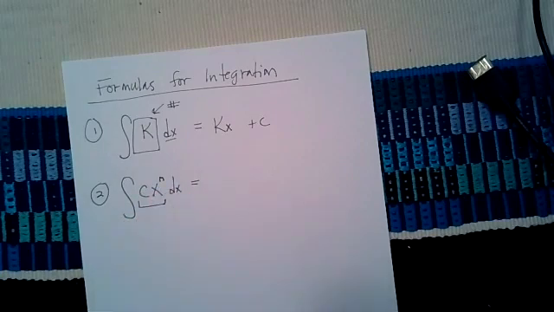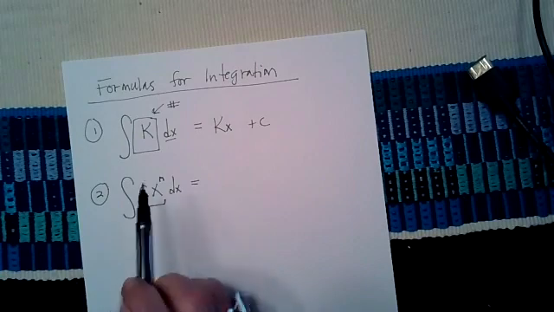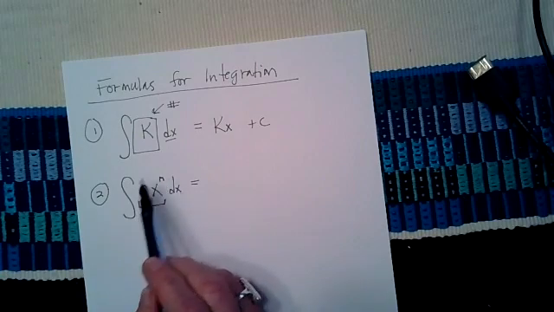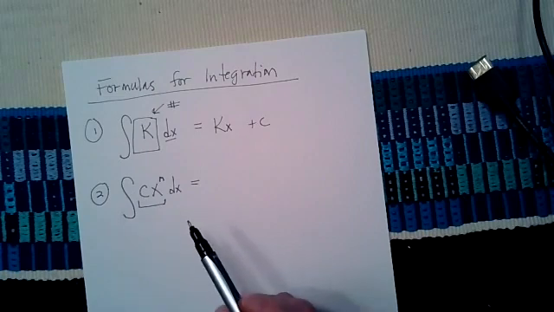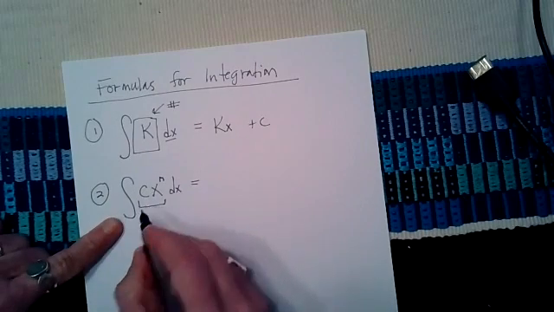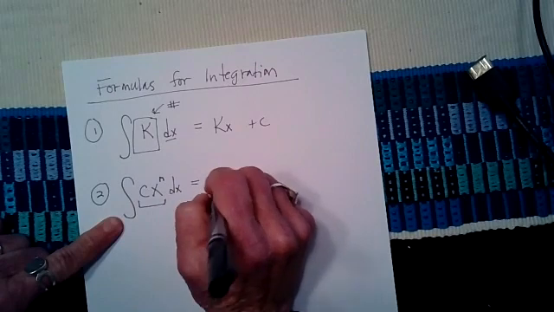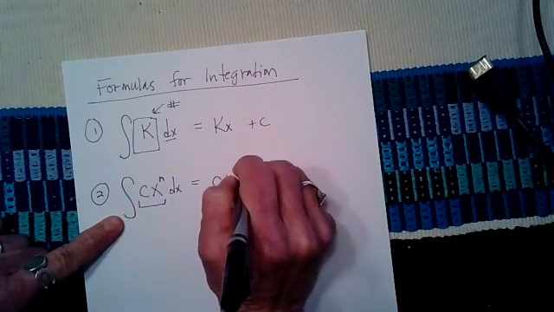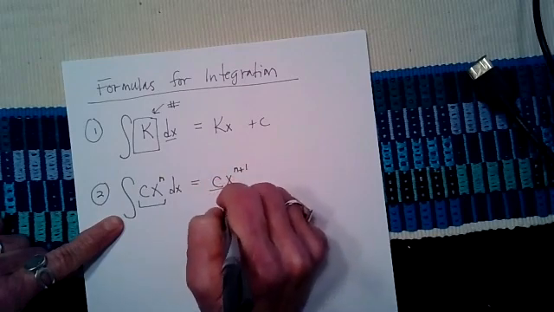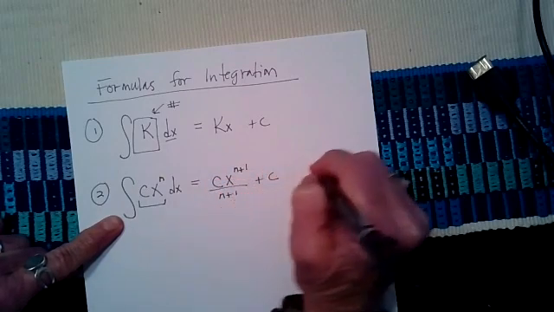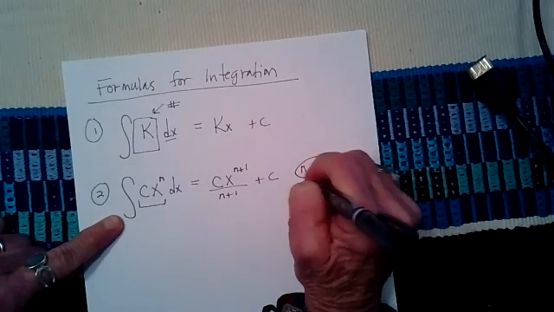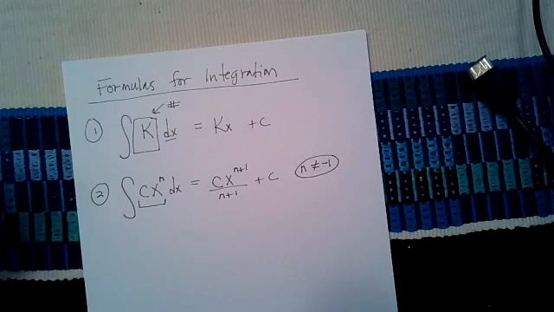In 267, we used a constant times a function rule, but we didn't use it very much because when we took a derivative, we just multiplied down. When we do the antiderivative, we're going to bring the constant over, add 1 to the exponent and divide by the new exponent plus c. And this is only if your exponent is anything but -1.